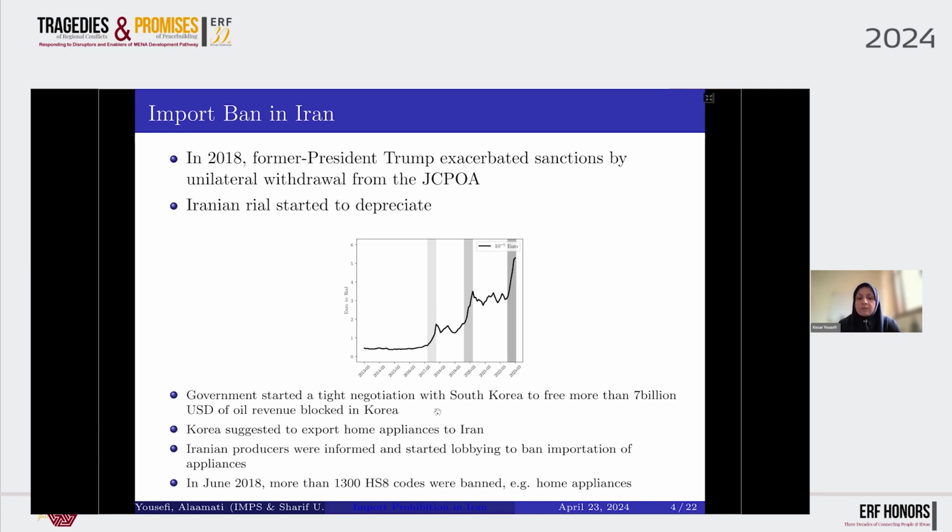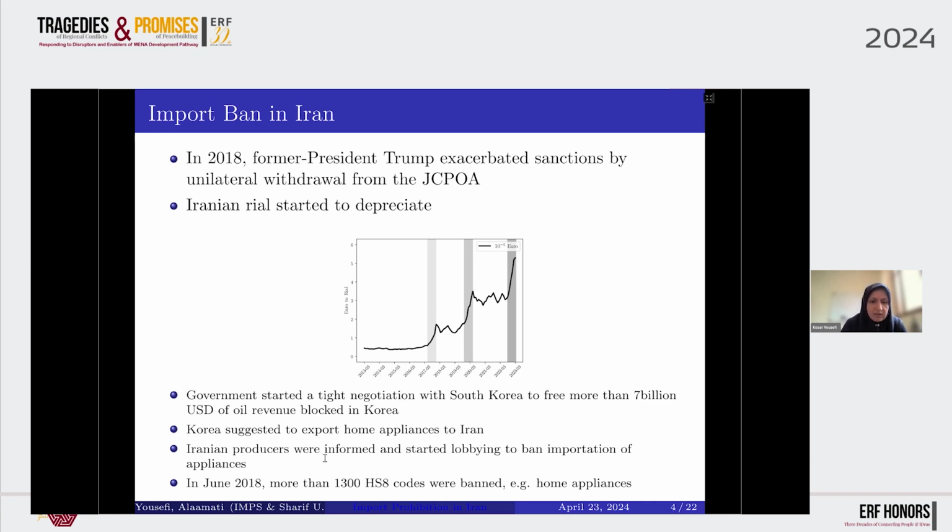The news spread among the producers in Iran, and they were so afraid that if something like $7 billion of exports from Korea came to Iran, the production of those products inside the country would be totally destroyed. As a result, they started lobbying to ban the importation of home appliances, garments, vehicles, and so on.